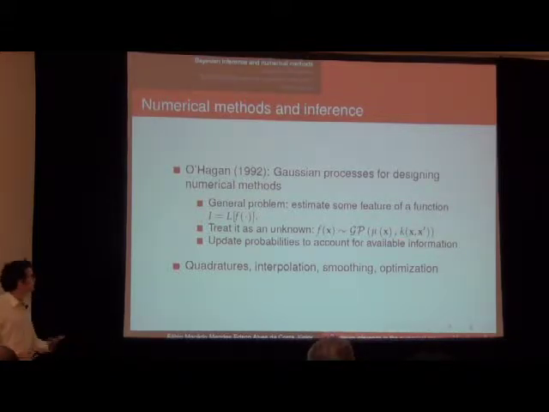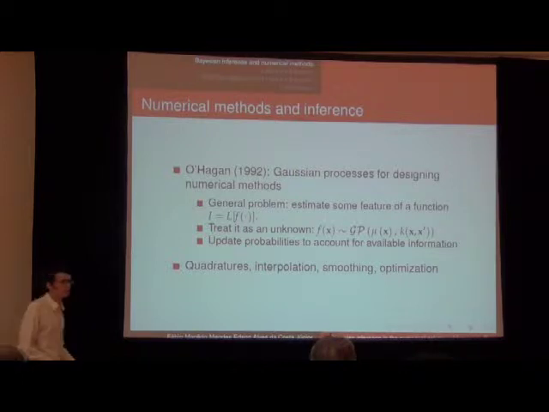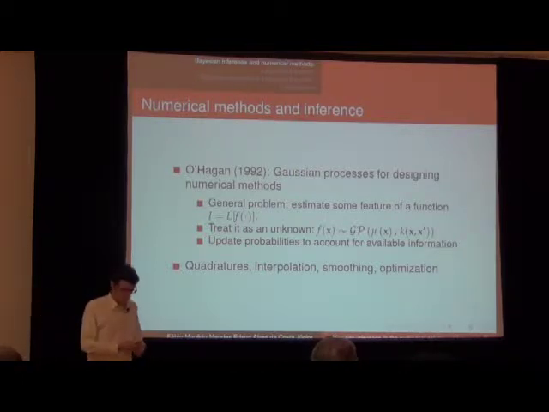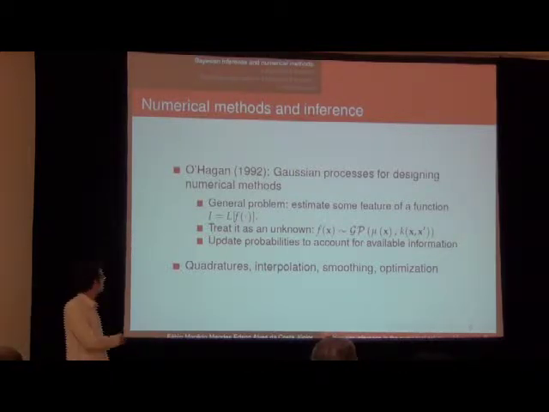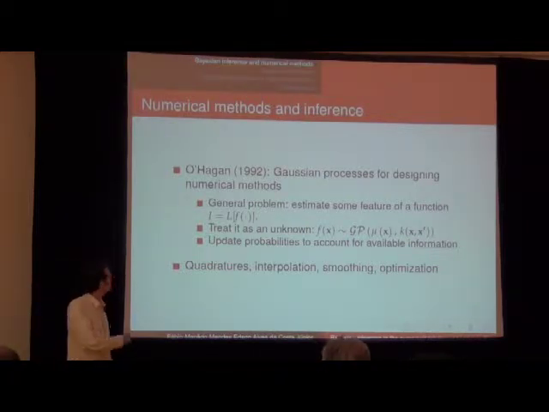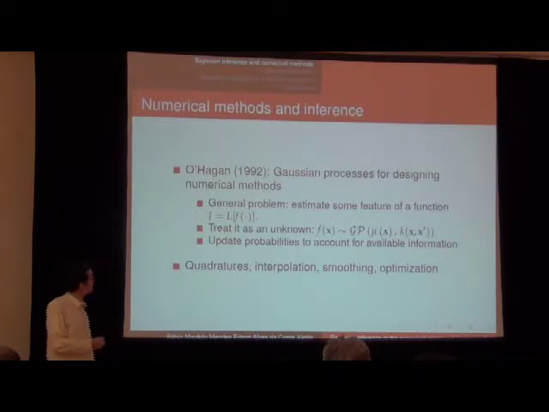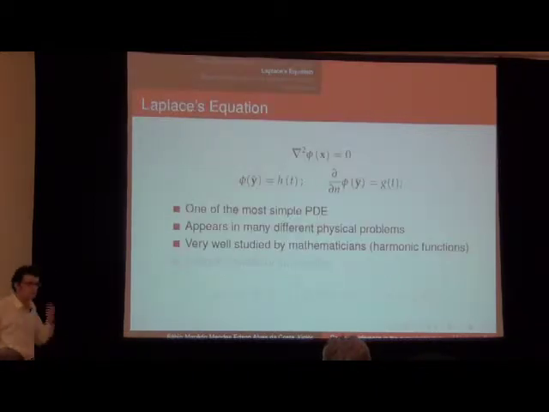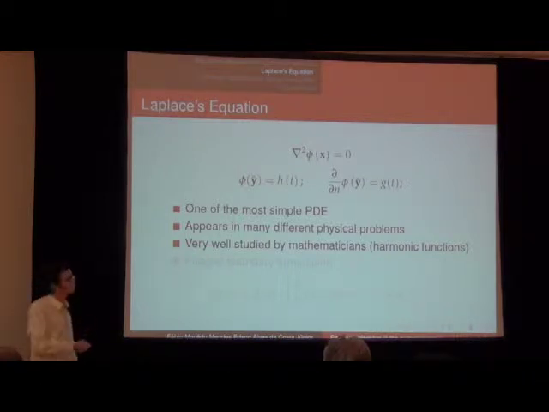And then you update the probabilities using the information you have, and this can define some numerical method to compute many things. So he formulated quadratures, interpolation, smoothing, optimization, all using this language. Of course, here I'm trying to do the same with Laplace's equation.